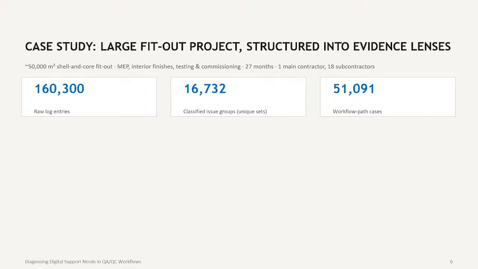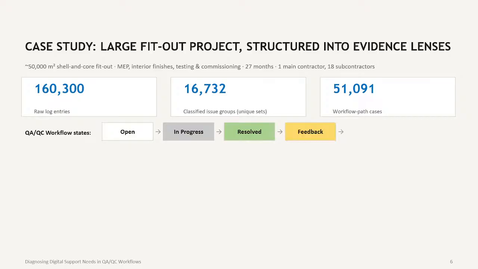Based on classification and grouping, it was narrowed down to 16,000, and it created 51,000 workflow paths. The overall process of using the digital system works like this: something is found, it gets opened, then progress, resolved, feedback, rejected, and closed. Most platforms operate this way.